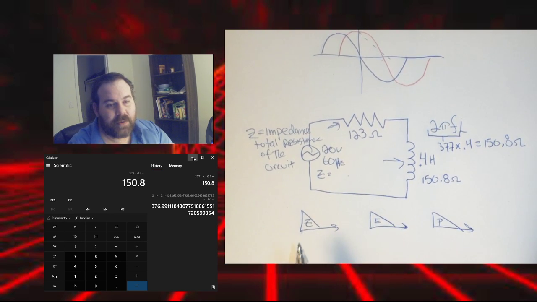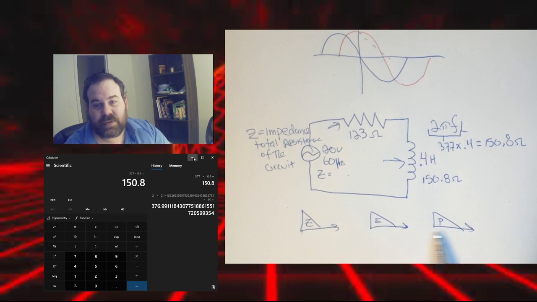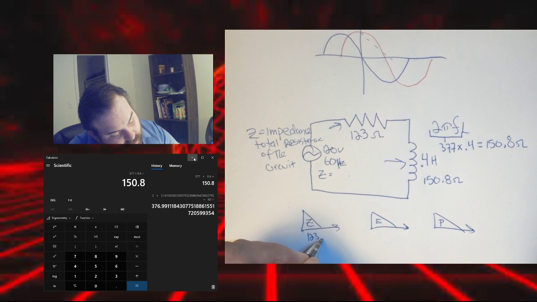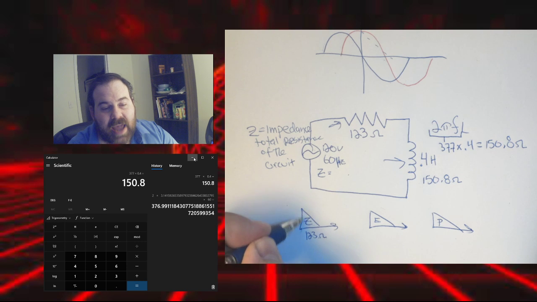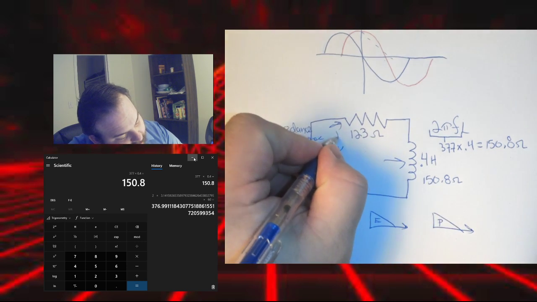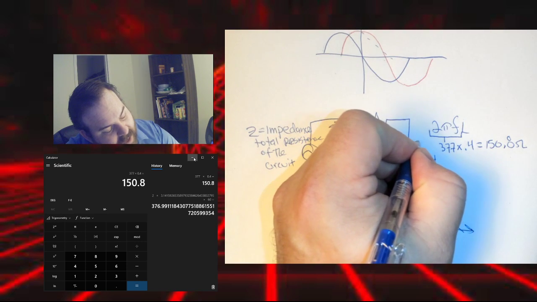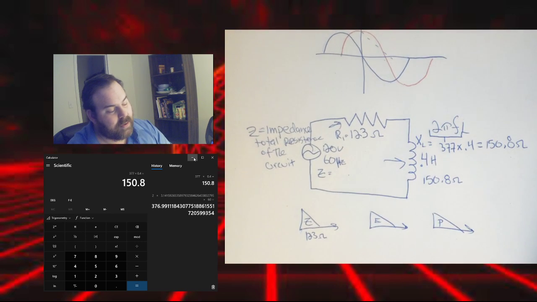Now all we have to do, the bottom side is always going to be the side of the resistor. So here's our resistor with 123 ohms. This side will always be the reactance side. This is R1, resistor 1, and this is X of L, which means the reactance of the inductor.